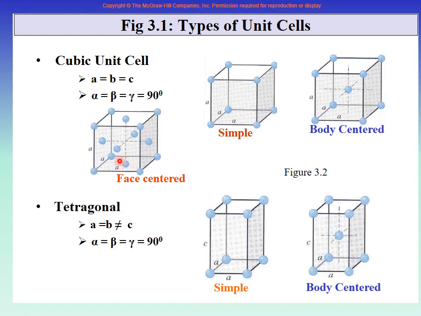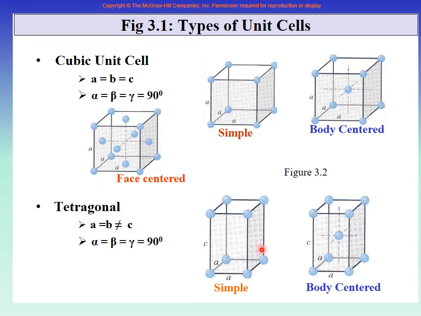So there will be 6 extra atoms now, if it is face centered. In a body centered, there is 1 extra atom exactly in the center of the body. But in a face centered, there is 1 extra atom on each face. So there are 6 extra atoms. So all these 3 are cubic. Simple cubic, body centered cubic, face centered cubic.